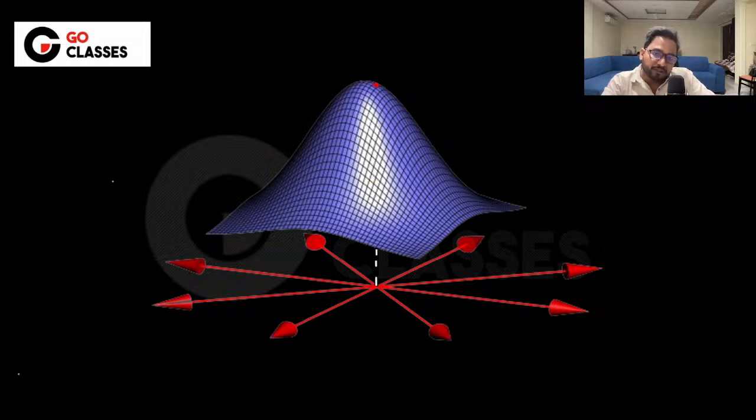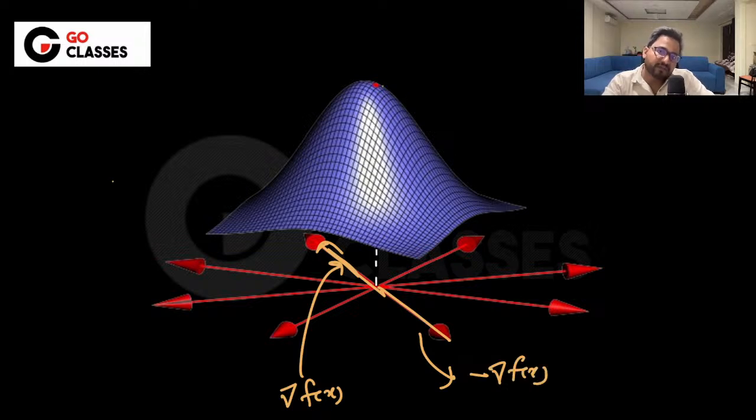As I told you, at any given point there are multiple possible directions. Suppose this is grad f(x), then here the function is increasing the most. Suppose this is minus grad f(x). If you go in this direction, the function is decreasing the most. Now suppose you make a little angle with grad f(x).